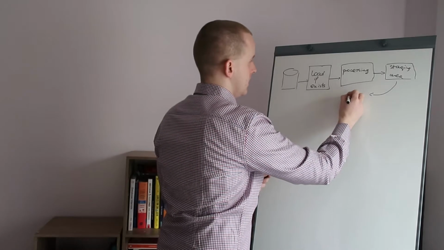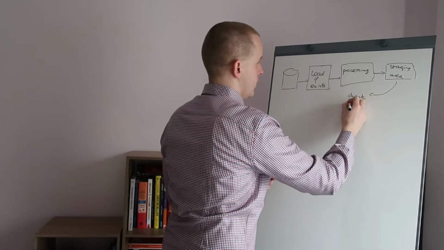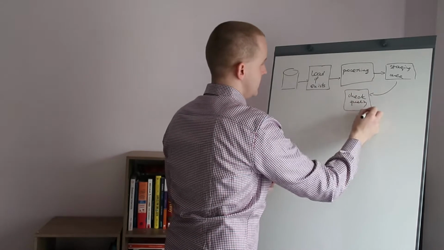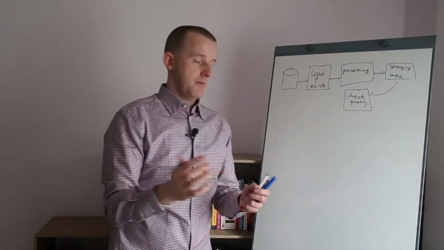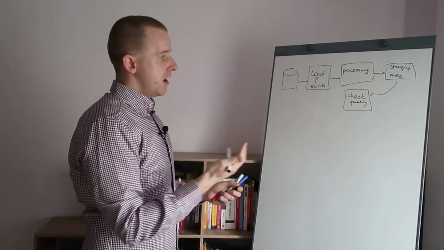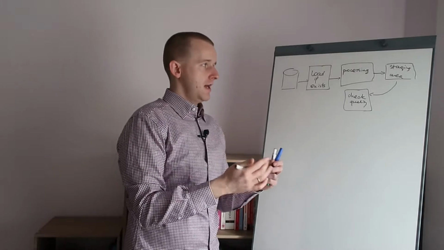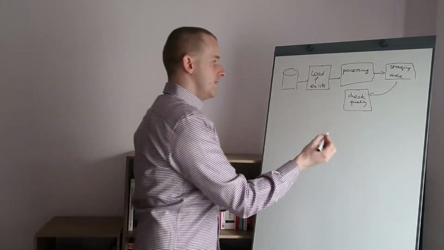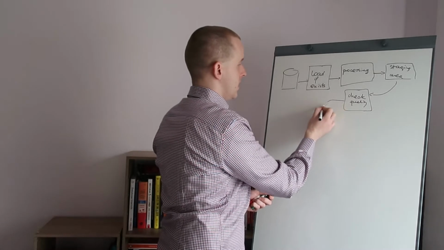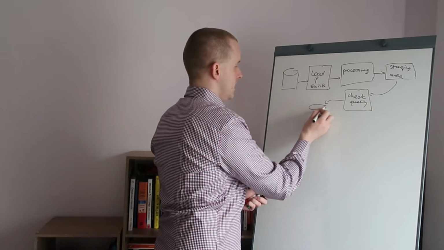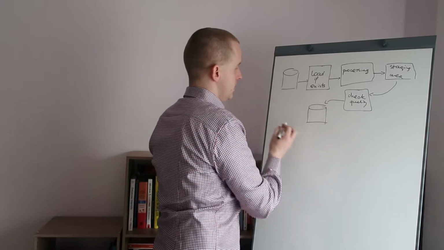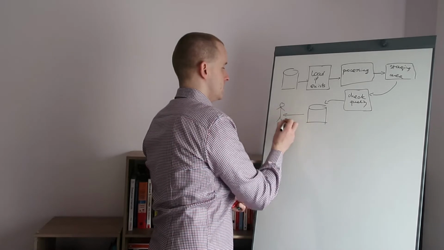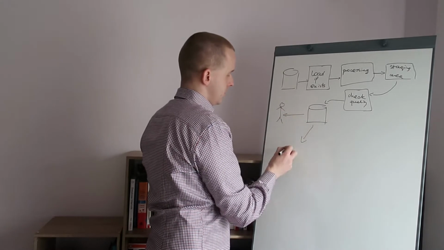So we will need to check the quality of this data, and as I said, it can be anything. You can make a sample count, you can make some aggregates to check the data per client, per provider, whatever you want. And after that, when the quality is okay, we will load this data into another destination that will be exposed directly to our end users or to other data pipelines.